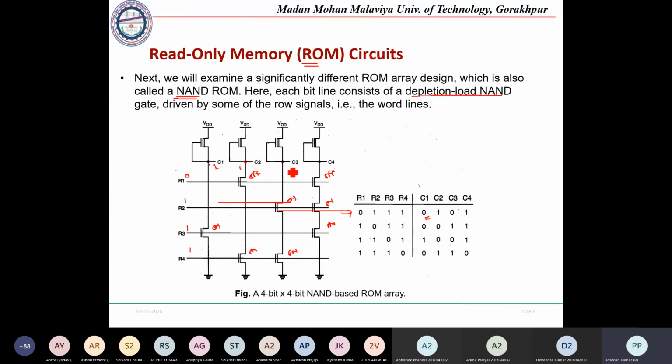That means the value 1 will be discharged to a 0 value, like in the case of C1. In case of C4, one of the transistors is off, all the other transistors are on, but if one is off, initially it was 1, so the 1 value will remain. Similarly, in all other cases we can get the similar logic.